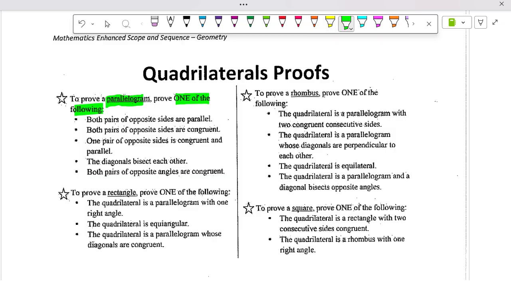So you either need to show that both pairs of opposite sides are parallel, both pairs of opposite sides are congruent, one pair of opposite sides is both congruent and parallel, the diagonals bisect each other, or both pairs of opposite angles are congruent. If you prove one of those 5 conditions, if you have enough information to show one of those 5 conditions, you have a parallelogram.